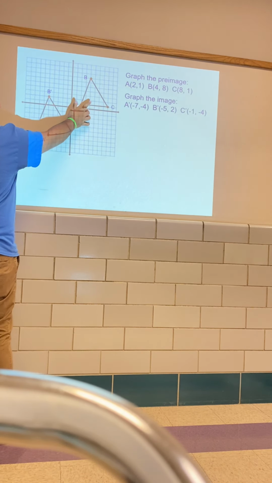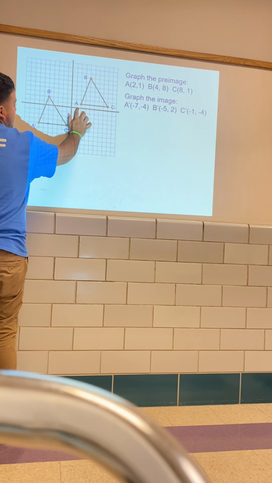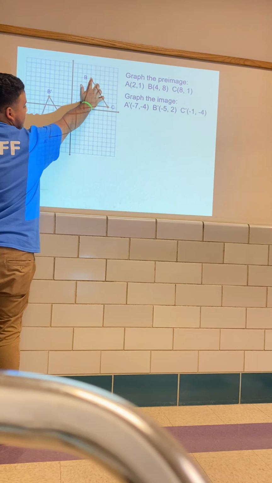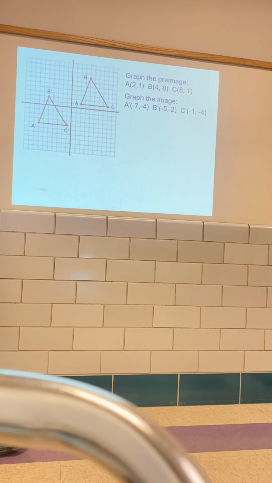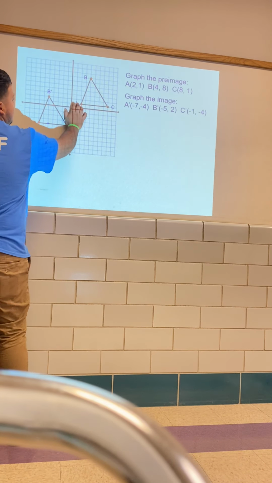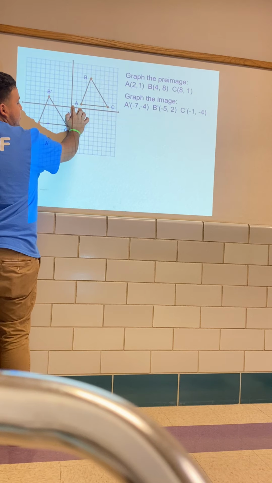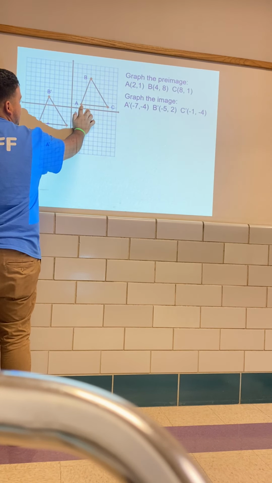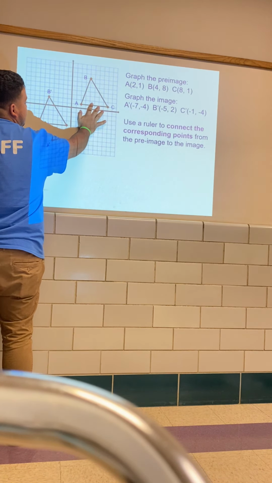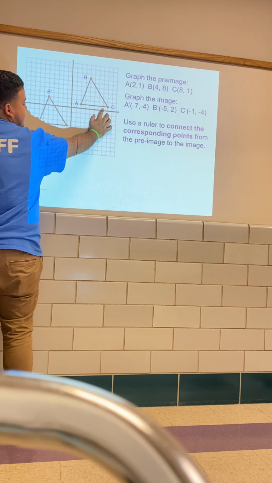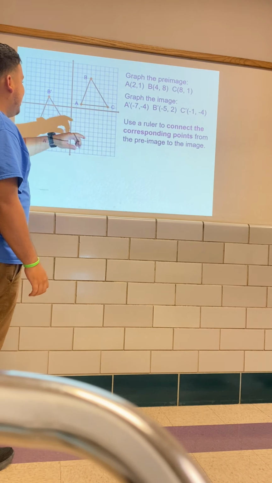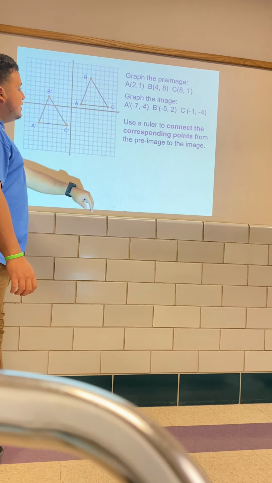And then B, 1, 2, 3, 4, because we're moving across the x-axis. Then we go to C, so it's 1, 2, 3, 4, 5, 6, 7, 8. That's C, okay? So we're going to graph the image using this.